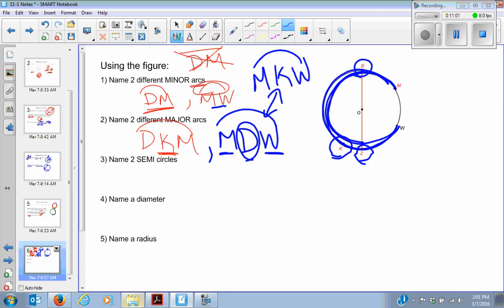So there's not going to be just necessarily one answer that you would put down that's going to be the only correct one. Remember, the M and the W will have to be the front and the end. But my middle one, which tells you which direction you're going, can change. That one's not going to matter, as long as it's in between the M and the W on my way around. So if I had a point here that was like A, I couldn't have used A for that.